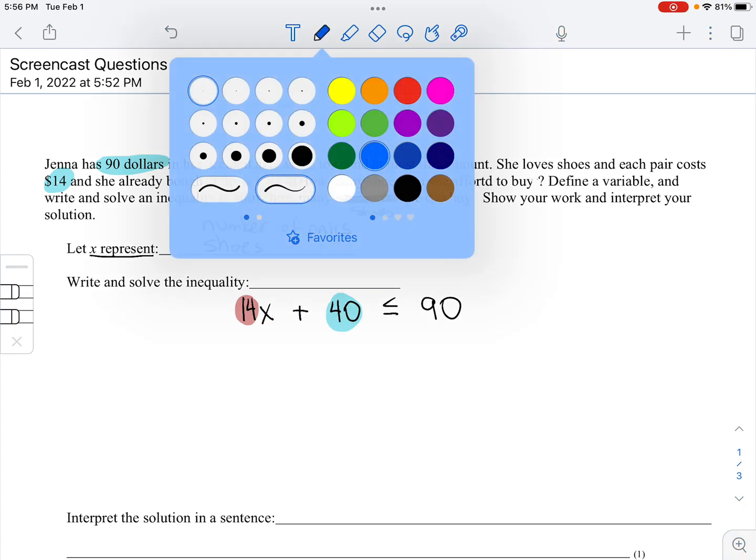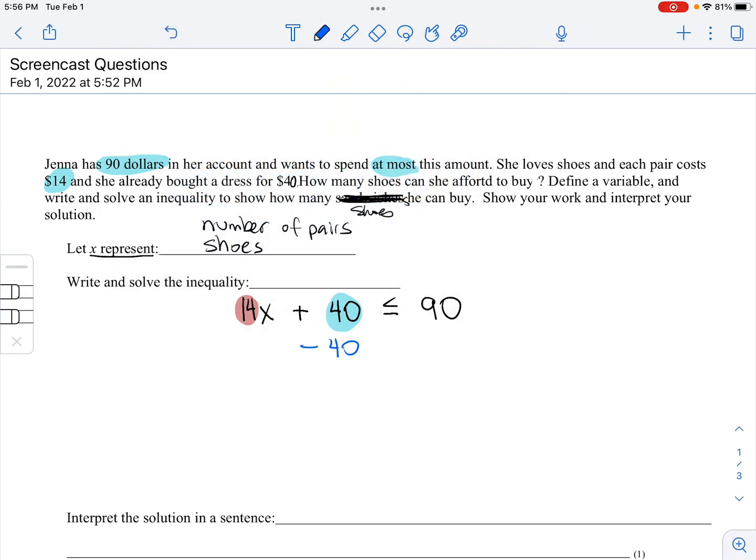To undo that 40, we subtract 40 from both sides. What you do to one side, you do to the other to keep things balanced. 90 minus 40 is 50. 40 minus 40 is nothing, that's a 0. So bring down the 14x, and the 40s together make a nothing, so I don't have to bring them down.